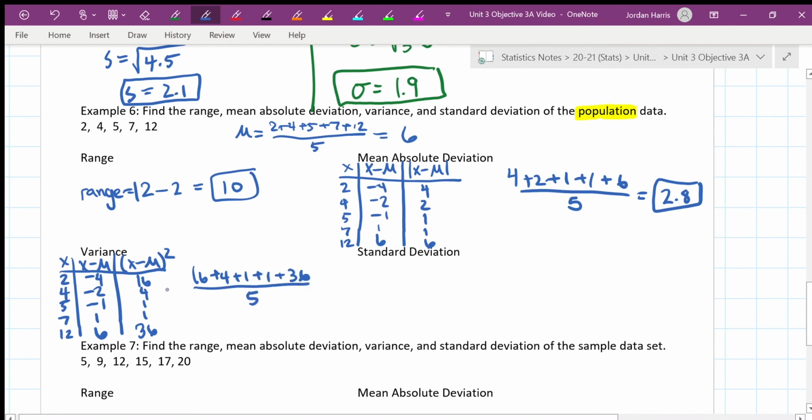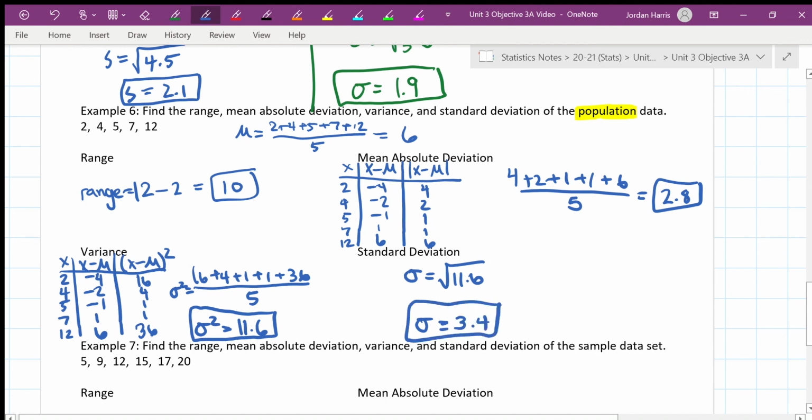It's a population, so sigma squared. If I add them all up and divide by how many there are, it's 11.6. And finally, my standard deviation, sigma, because it's a population, is the square root of variance. So you take the square root, and you get 3.4.